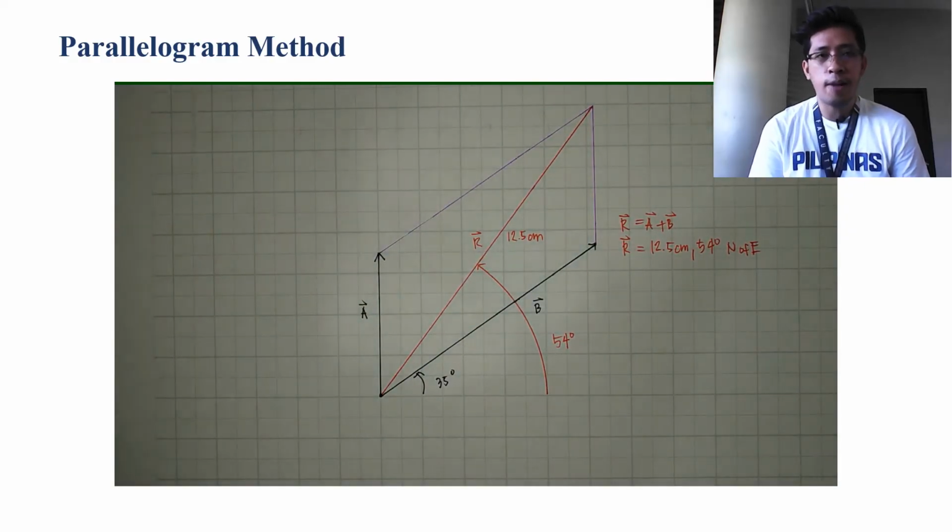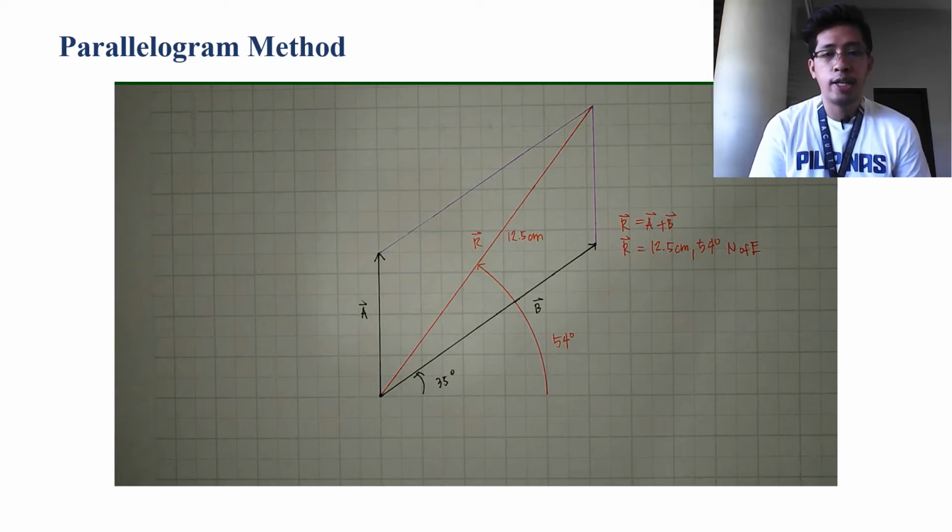So in your parallelogram method, again, you're going to use diagrams to find the magnitude and direction of your resultant vector. The difference with your head to tail is that in the parallelogram method, you're going to draw parallel lines with your vector, and the resultant vector is measured from the origin towards the opposite side of your parallelogram, which is the diagonal line.